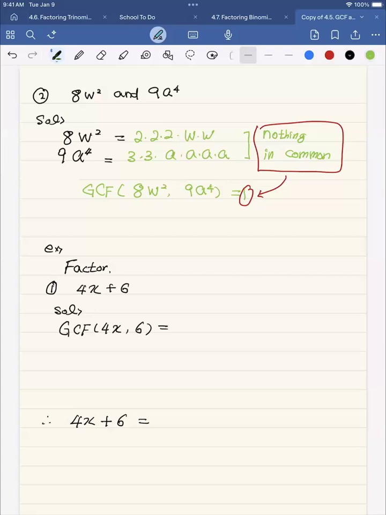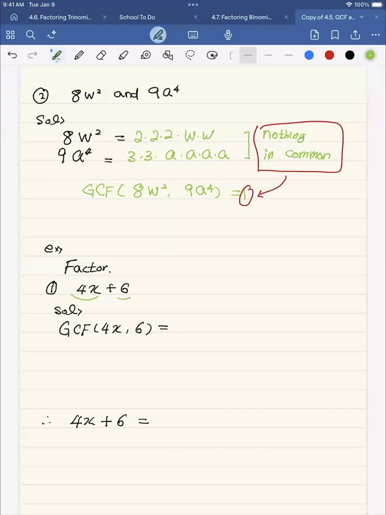In the next problem, we want to factor 4x plus 6. What we want to do is figure out the GCF of each term.